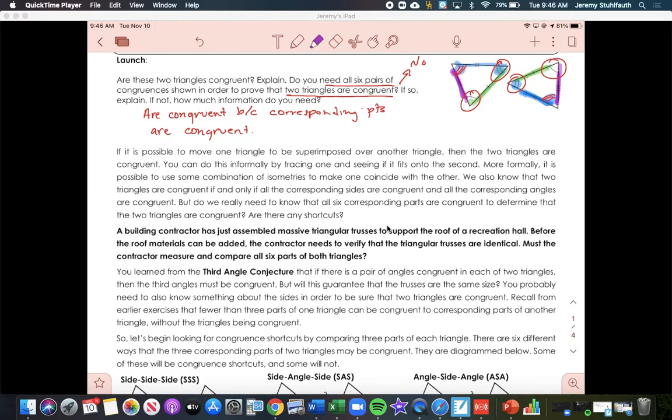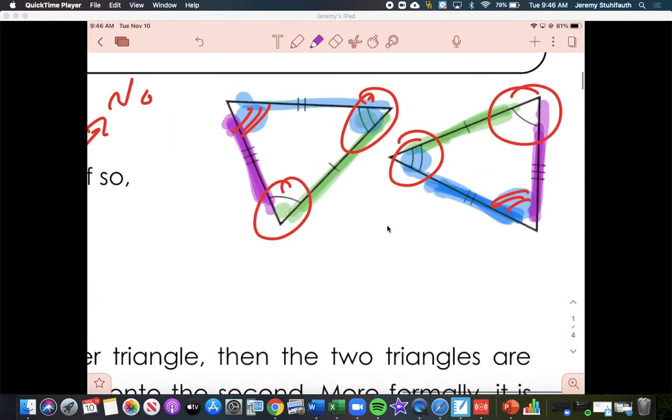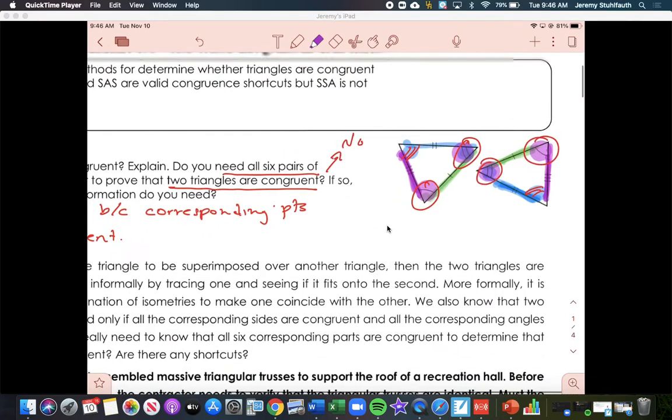Now, previously we learned about the third angle conjecture, and that is if there are a pair of congruent angles in each of the two triangles, then the third angle must also be congruent. That's what we used up here in the warm-up when we were able to figure out, since this angle was congruent to this angle and this angle was congruent to this angle, then this third angle is also the same size in both triangles.